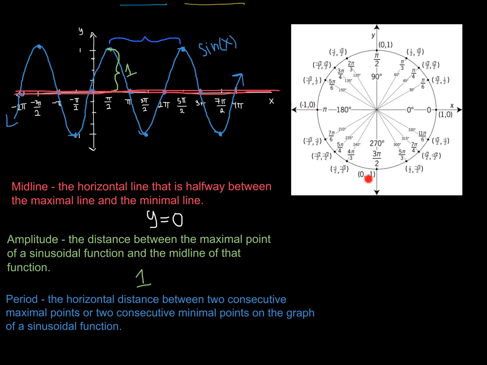Well, we know that all the way around the circle is 2 pi radians, and sure enough, this distance is 2 pi. If I were to do 5 pi over 2 minus pi over 2, you'd get exactly 4 pi over 2, which is 2 pi, or 1 time around the unit circle. So the period for sine of x is 2 pi. And you'll find that that's the exact same for cosine of x.